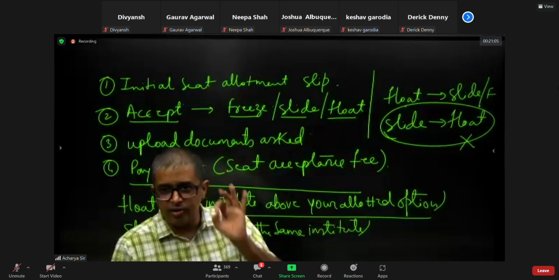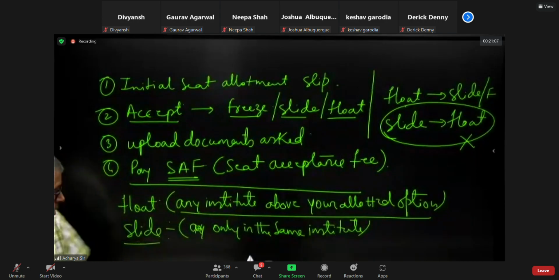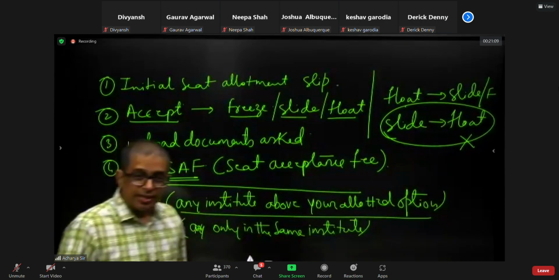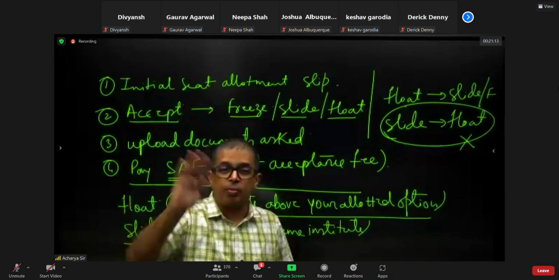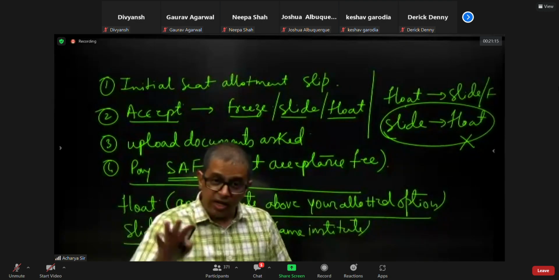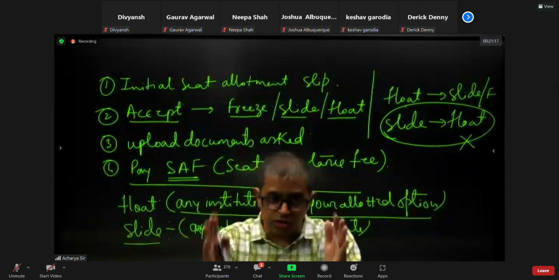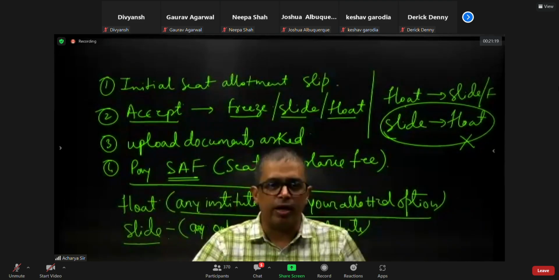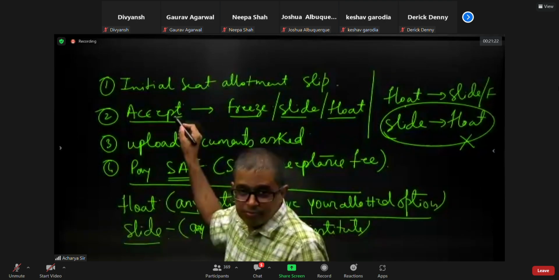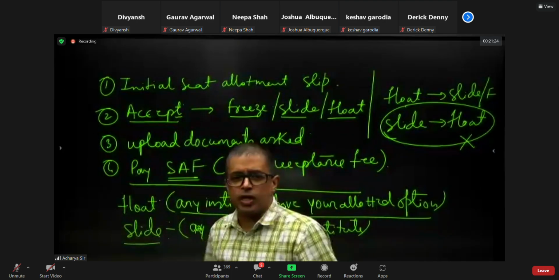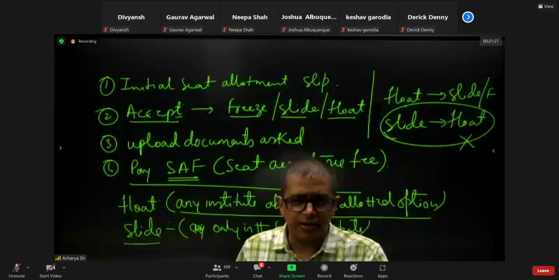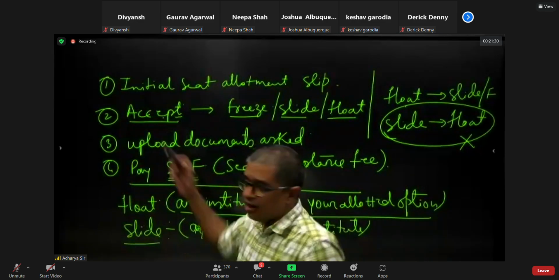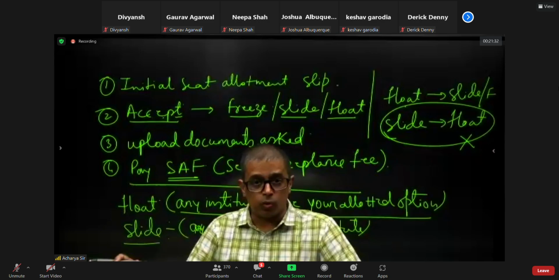When anyone chooses slide after the first round, then only in the same institute, if there are options above, you will be given the choice. If not, whichever seat you first got, that's there with you either way, because you have accepted it. I got the 15th option, right? That I have accepted, that I am secure.